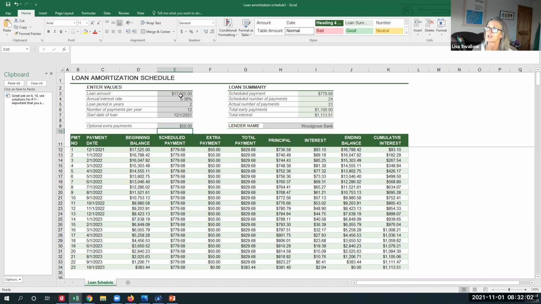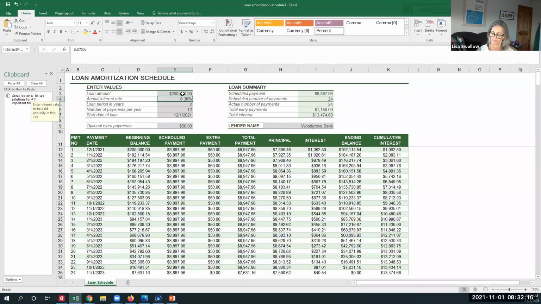Now let's do something a little more dramatic. Let's go in here because I did this. Let's put in a $200,000 mortgage at 3.5%.